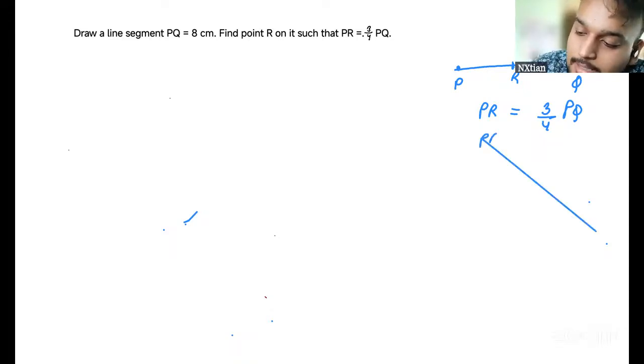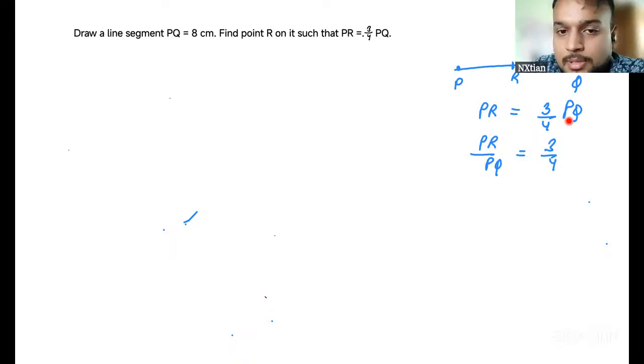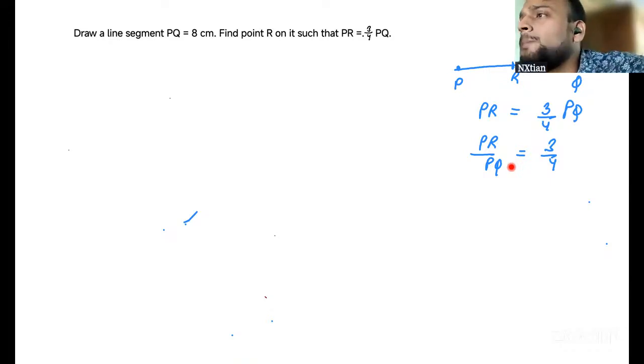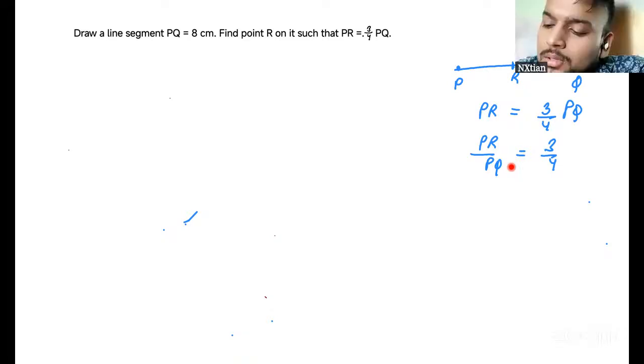So can I write it like this? PR upon PQ is equal to 3 by 4. What I did, this is in multiplication. If we go to the other side, it becomes divide. So PR upon PQ is equal to 3 by 4. Understood?